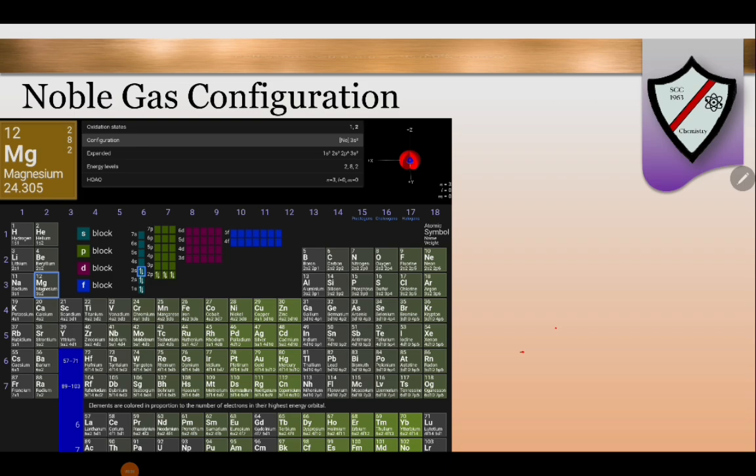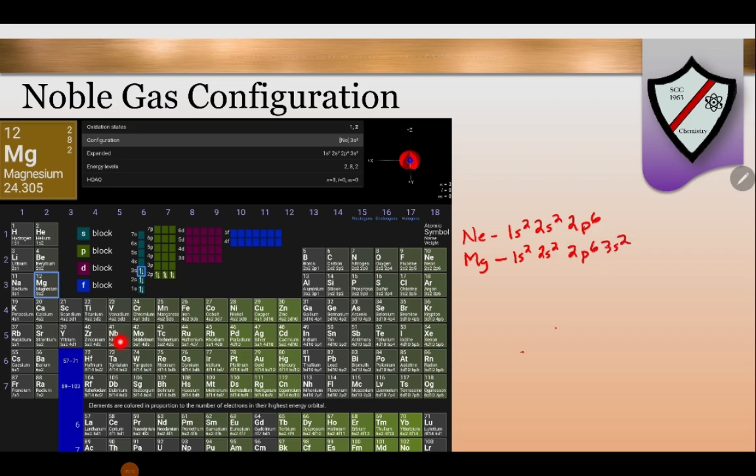And we see that the total expanded configuration for magnesium is 1s2, 2s2, 2p6, 3s2. And the reasoning behind this is neon, if we were to write out its electron configuration, we would see on the previous slide, that it is 1s2, 2s2, 2p6. And if we write out the electron configuration for magnesium, so we just move 2 more down the periodic table in atomic number, we find that it is 1s2, 2s2, 2p6, 3s2.